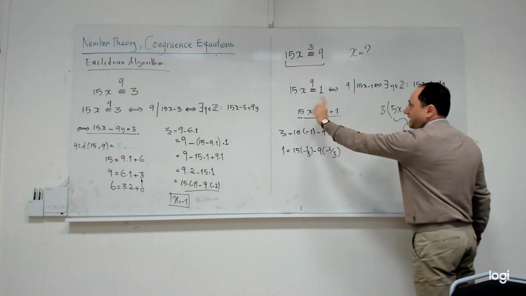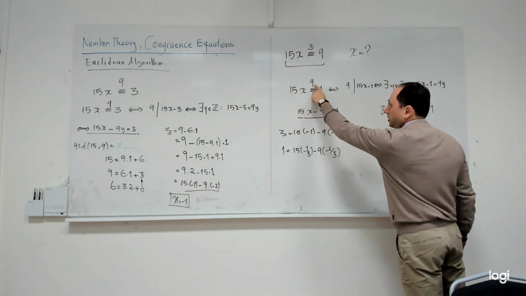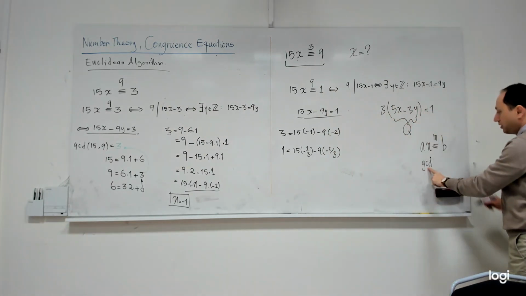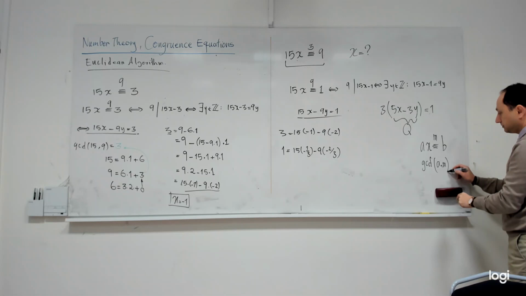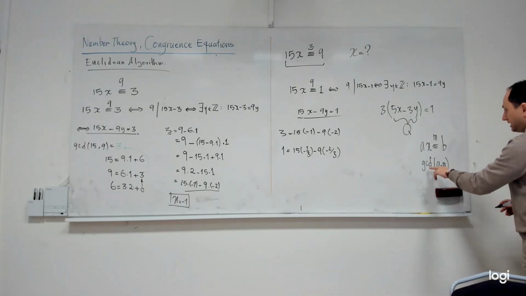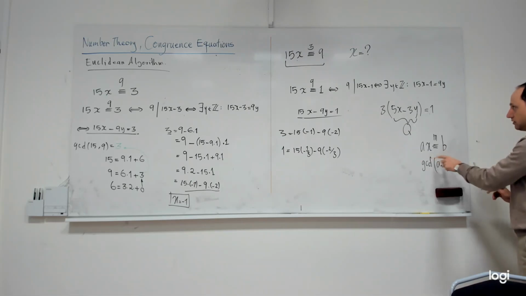So we are always calculating the greatest common divisor between this coefficient and the modulus. If this does not divide B, then there are no solutions.